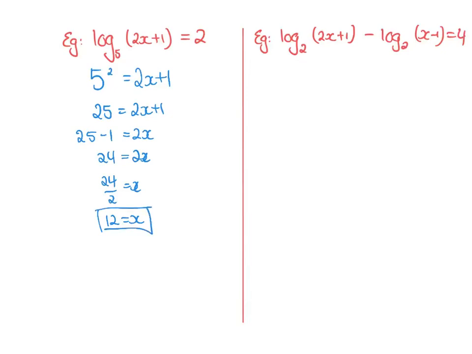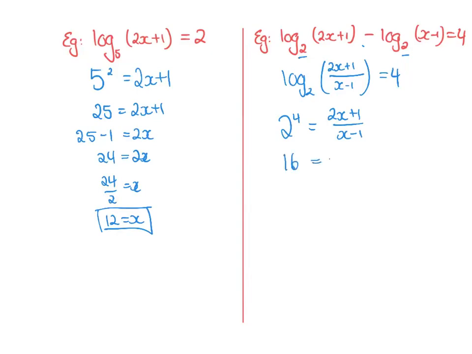Looking over here, we've got a log of the same base minusing, so I could write that as log 2, that when you minus you actually divide, so I could put them like that, and we know it equals 4. Then I could use that first rule where I say 2 to the power of 4 equals 2x plus 1 over x minus 1. So 2 to the power of 4, we know that's 16, equals 2x plus 1 over x minus 1, and then we can keep solving if we like.